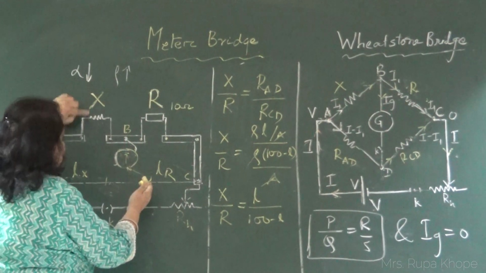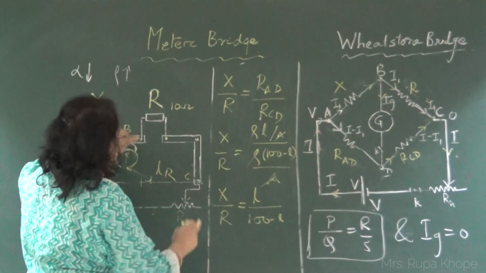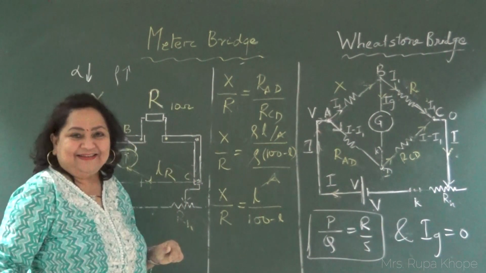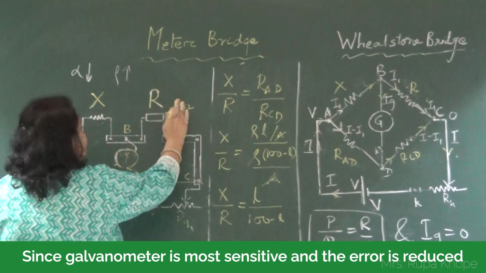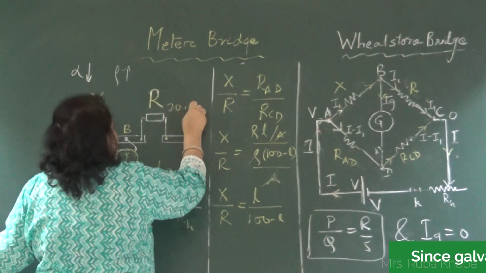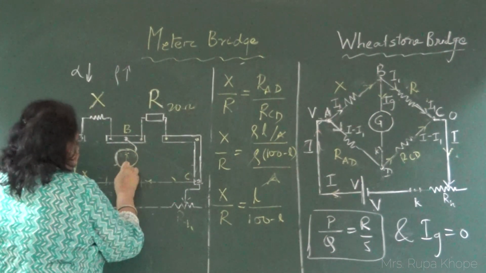So if X is more, then Lx has to be more. And if R is less, Lr is less. And I want null point in the middle. So what I do, I remove say 20 ohms. For 20 ohms, I get null point somewhere in the center.